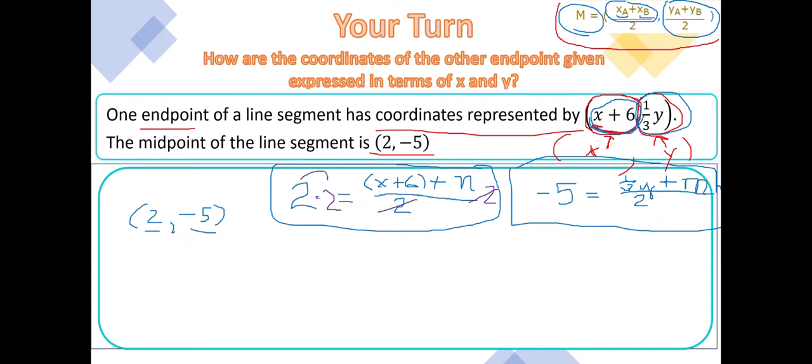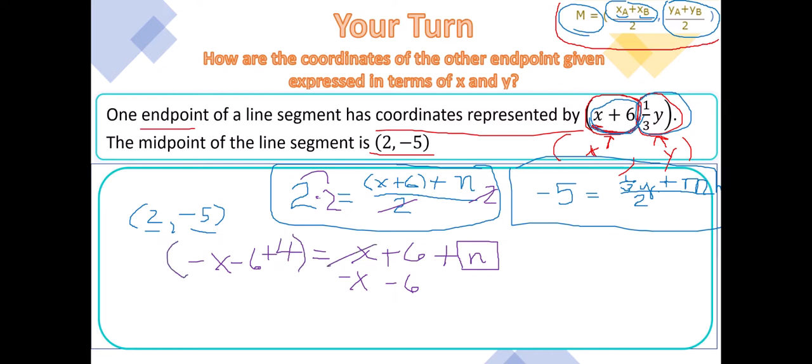But over here we have 4. So 4 is equal to x plus 6 plus n. Now remember, we're trying to isolate n, not x. So we're going to subtract the x and the 6 from both sides. So we'll put that over here, minus x minus 6. And then we already have a positive 4 over here.